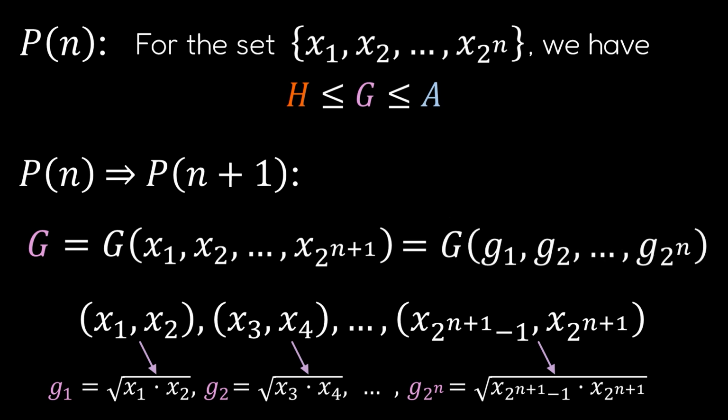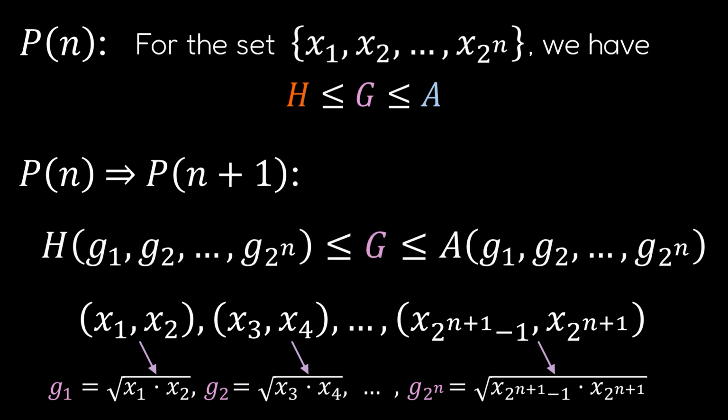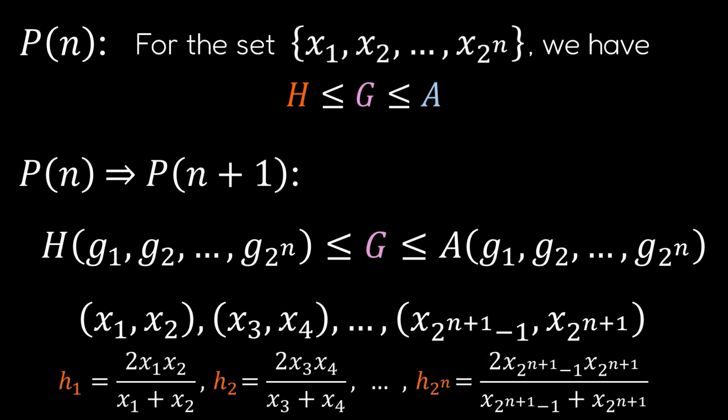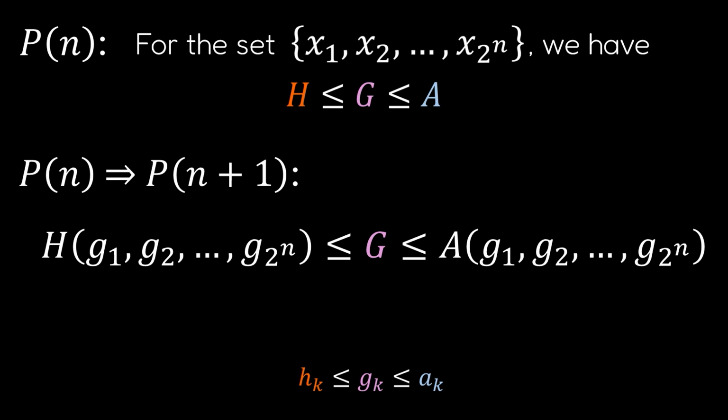Since this set has size 2 to the power of n, the inductive hypothesis applies. Denote by small a the arithmetic mean of the pairs, and by small h their harmonic mean. Since these means are computed on two values, we know that each small h is less than or equal to its corresponding small g, which in turn is less than or equal to its corresponding small a.